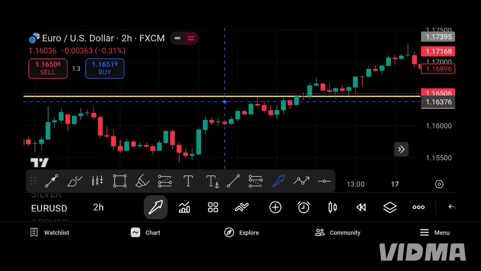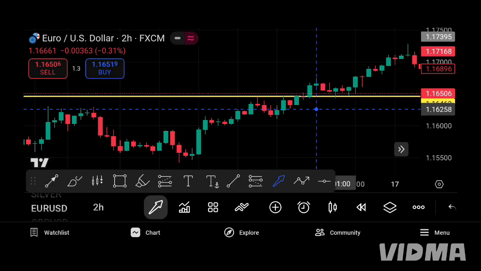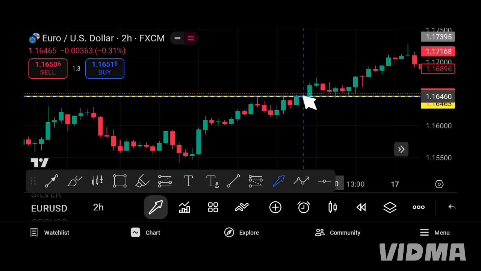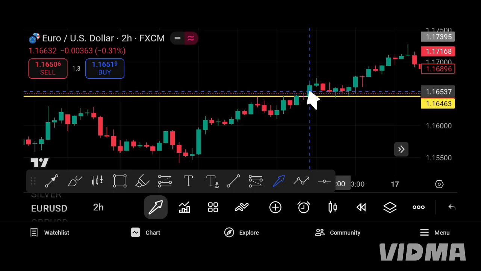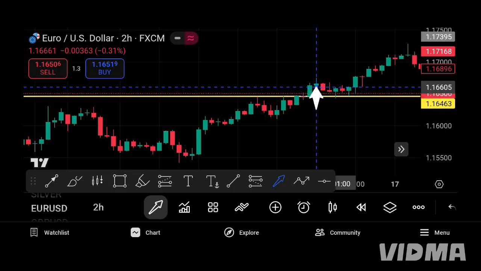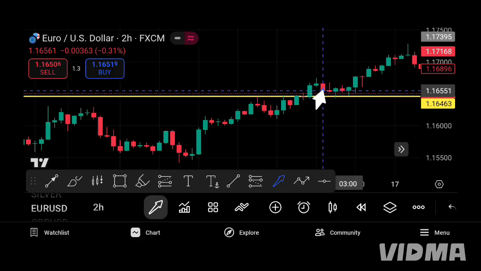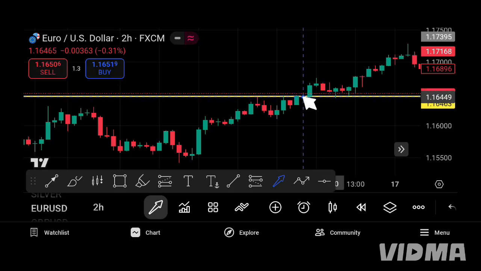So then after that, we came here, we broke that level exactly where there's our yellow line. We broke here, you see here it broke. We had these strong buyers, this big candle and this one. Then we came back to retest this demand zone here, our area of interest, this doji candle.